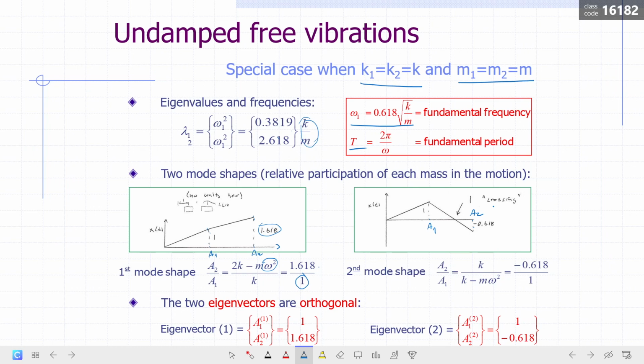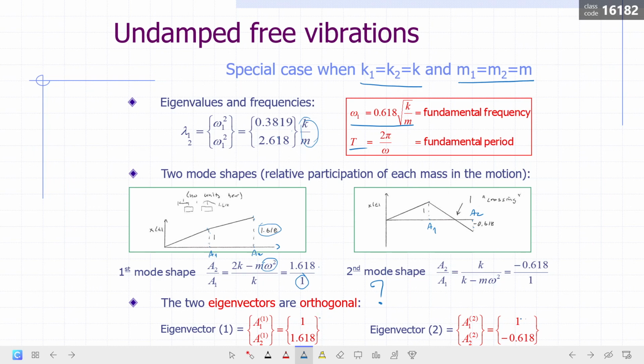And another interesting property is that the two eigenvectors are orthogonal. Why are these two eigenvectors orthogonal? Very interesting. And how to check the orthogonality between these two eigenvectors? Just find the dot product.